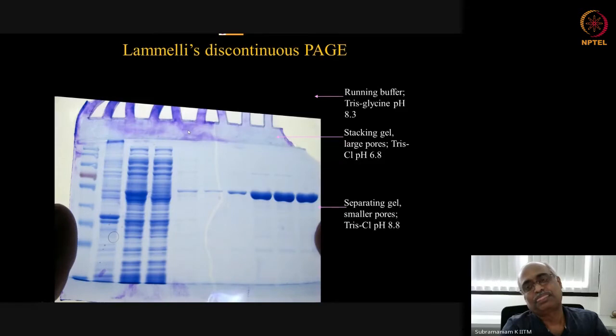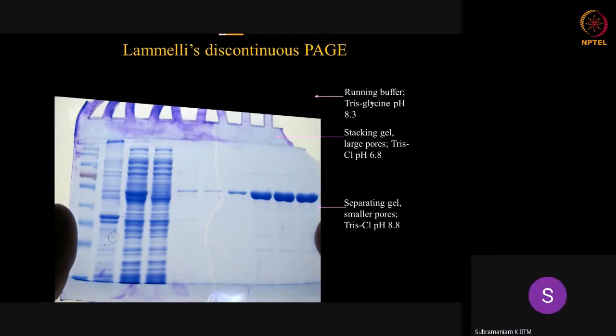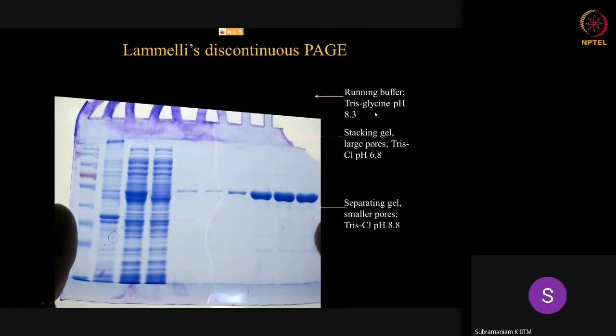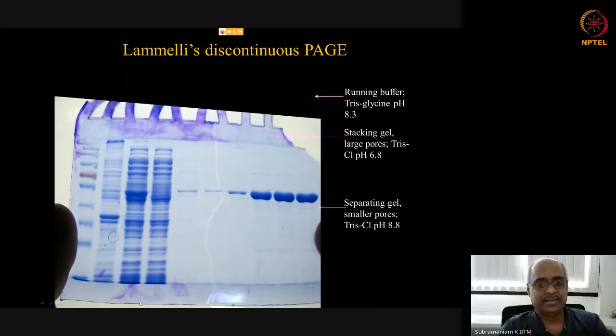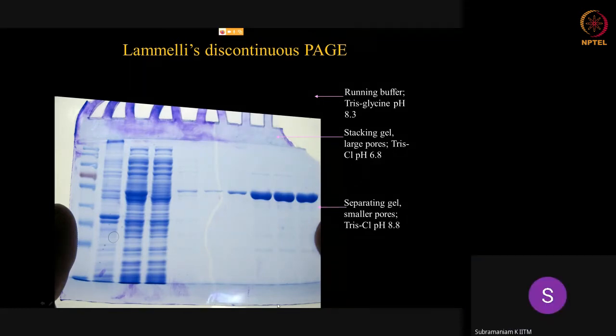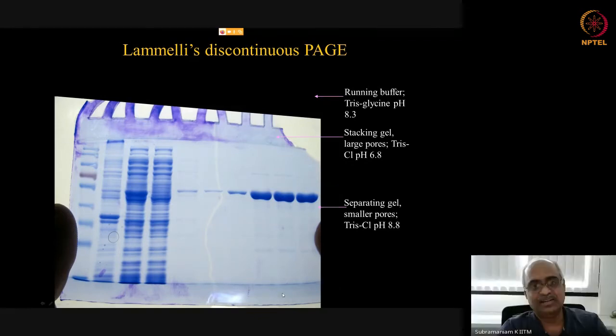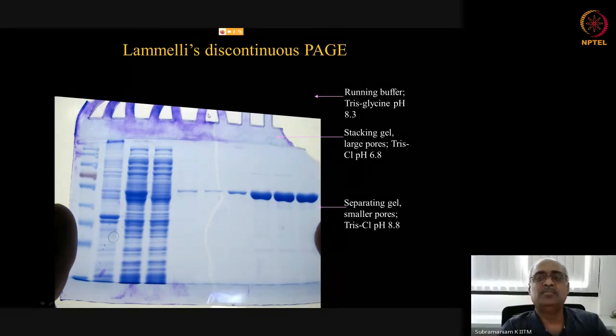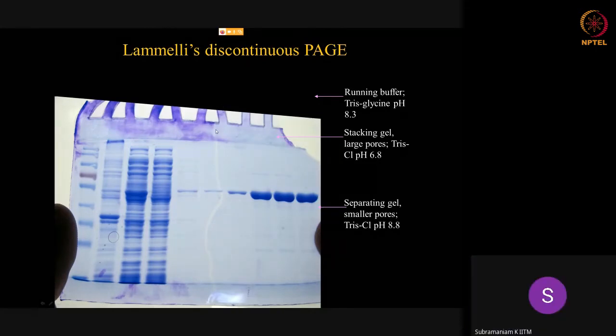Now when you apply electricity, this glycine is a weak acid, it is not going to totally dissociate, while chloride would have completely dissociated. And when you apply current, the chloride ion will move very fast. So there is a set of molecules that are moving very fast at the bottom of the gel, and on the top the partially dissociated glycine enters, but it gets right away protonated because the pH is low here.